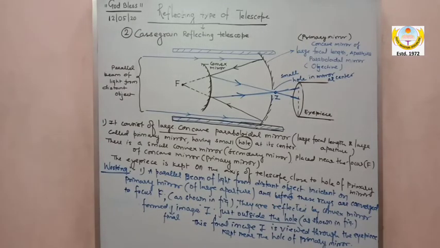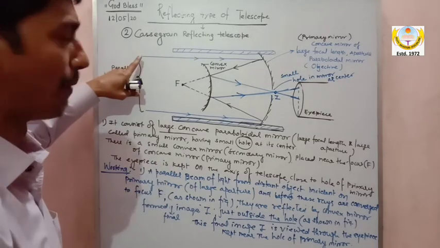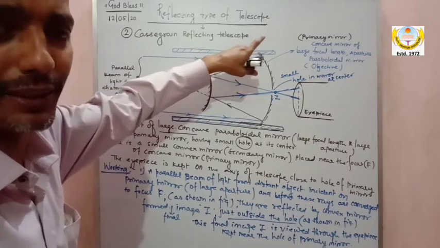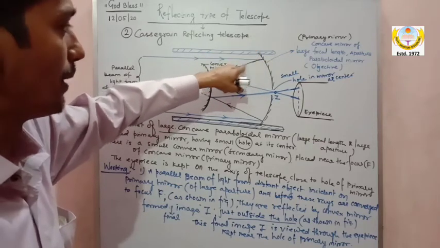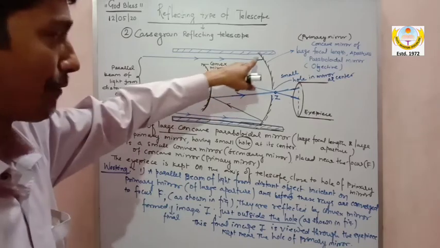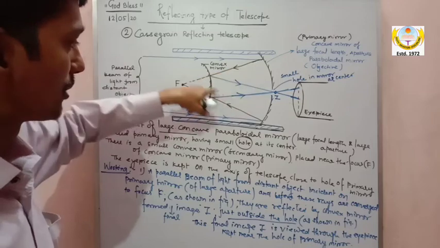Now I will tell you what is the nature of the image, my dear. That is also an important concept. So let me tell you, it's a simple one. A parallel beam of light from a distant object falls on the primary mirror. From there it will be reflected by the concave mirror. You can see these black colored arrows. Am I clear?